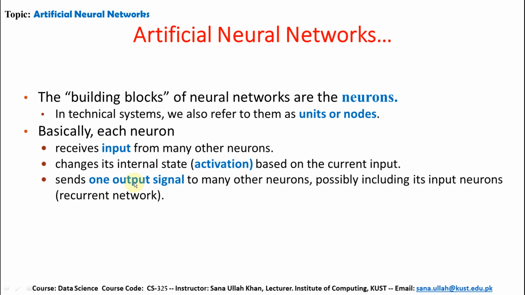Like neurons get inputs, then after using the activation function, they change the internal state of activation and then produce some output. The output signal may need to be sent to many other neurons, possibly including its input neurons, as in recurrent networks.